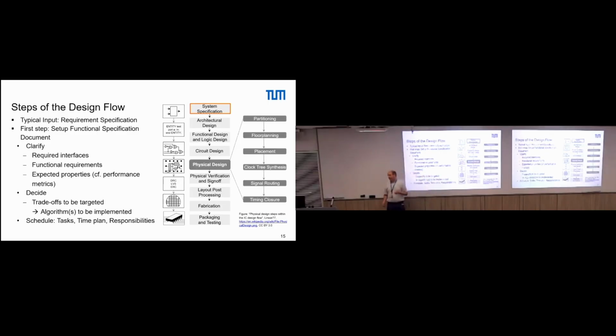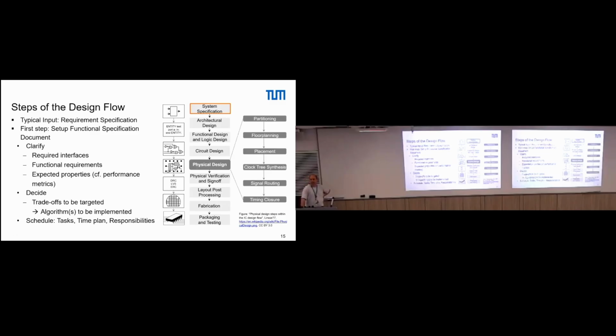As for any engineering system, we start with a system specification. If you're an engineer in industry, there's actually a specific type of engineer doing this. The first thing to do is collect the requirements. You need to talk with your customer, collect what you actually have to do, and have a so-called functional specification document.